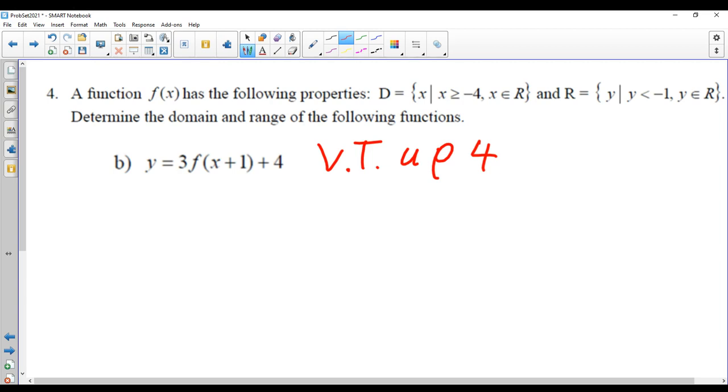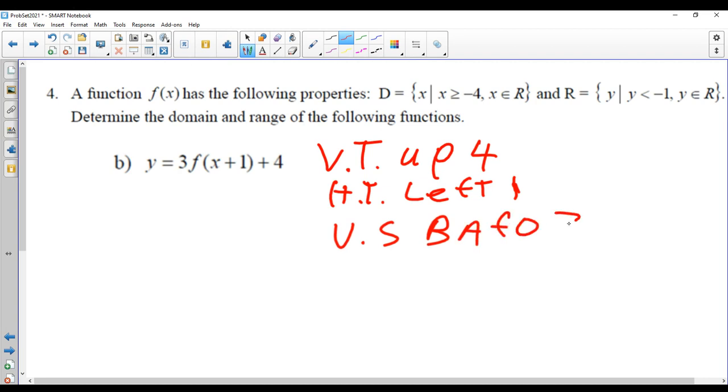Good. HG left 1. All right. And there's one other thing going on. Go ahead, Abel. VS by a factor of 3.